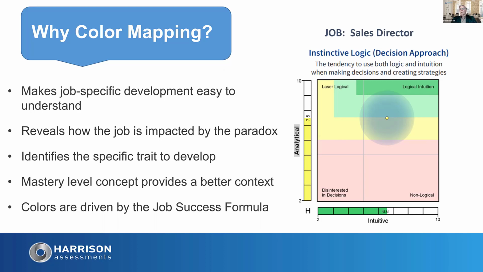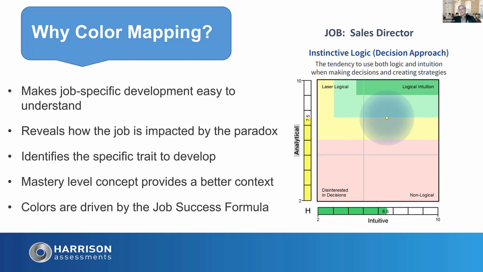If you just looked at this paradox without the mastery guide, you would say, well, analytical is higher than the intuitive, and so if I'm going to develop anything, I'll develop the intuitive. But in fact, if you see the color mapping here, you would then say, oh, I see.